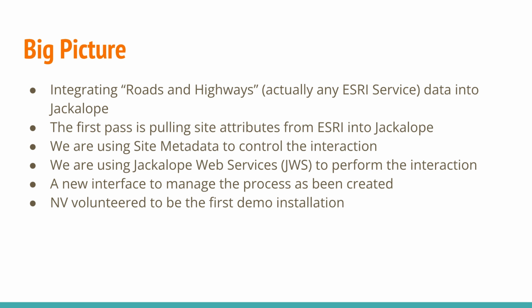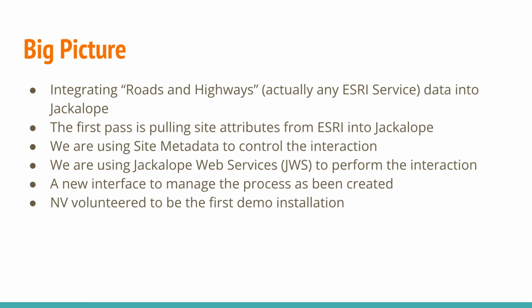And just for clarity, we say roads and highways all the time because that's mostly what we're talking about, but this actually hooks to any ESRI service. When we were working with Nevada and Chris, they have an existing non-roads and highways set of layers, and we're pulling information from those.